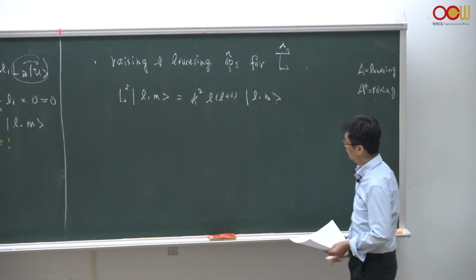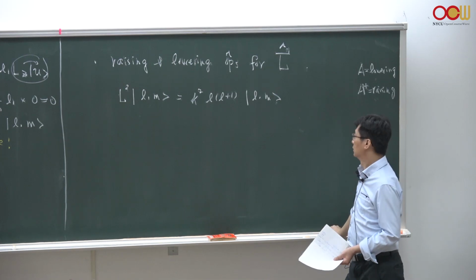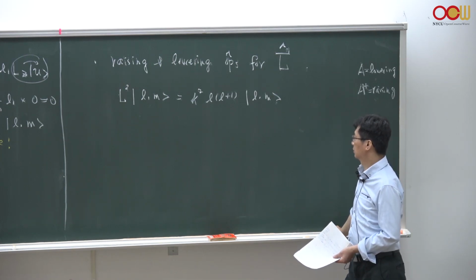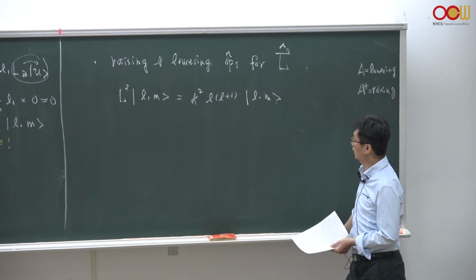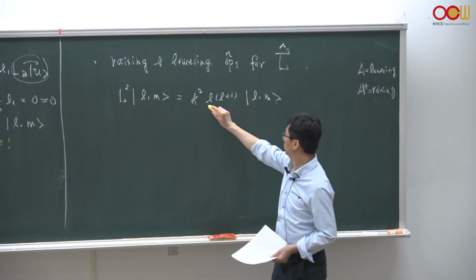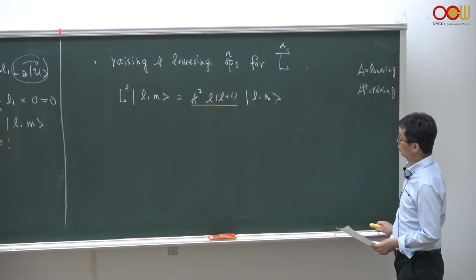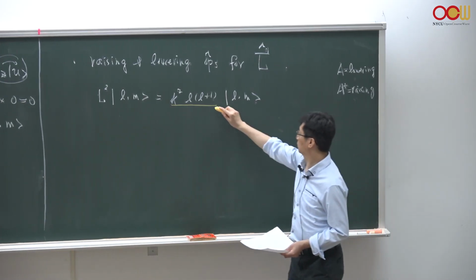Of course, this is very strange, so why not simply define an eigenvalue? Why the complicated product between l and l plus 1? Well, the reason why we have to assume this particular special form for L squared will become clear later.